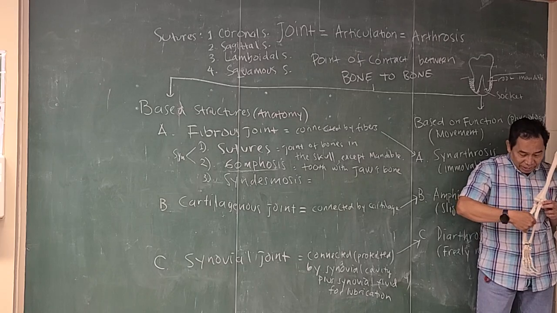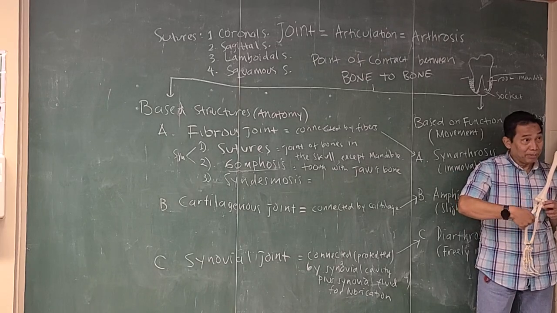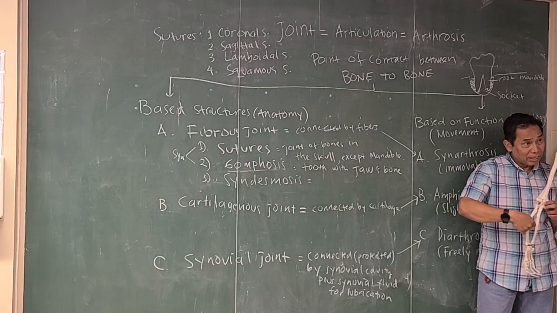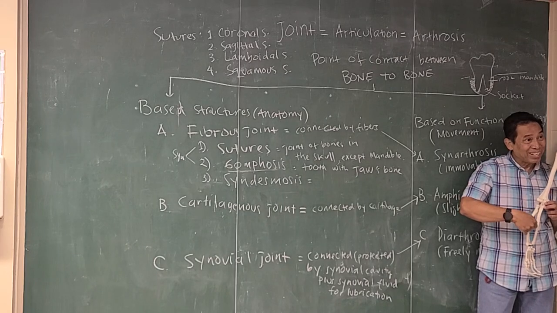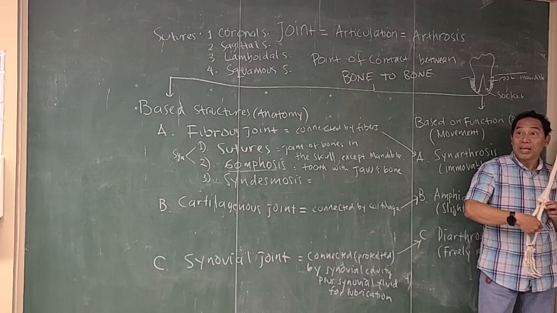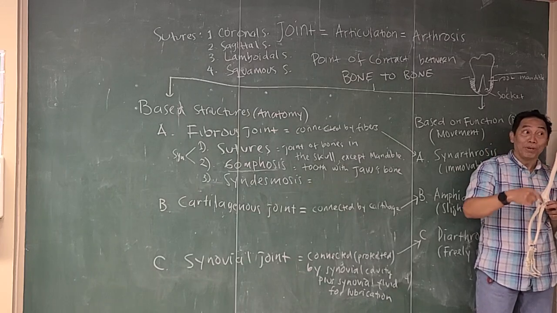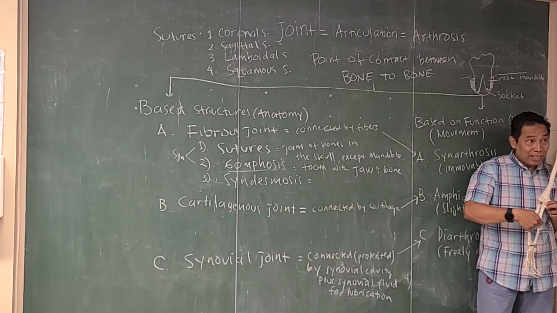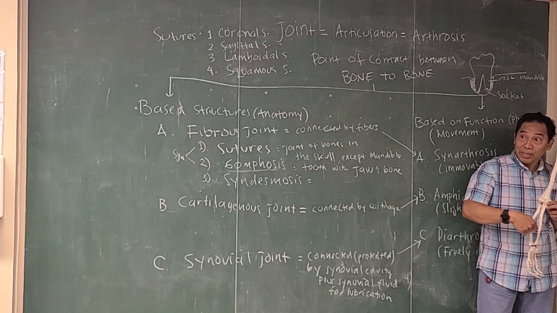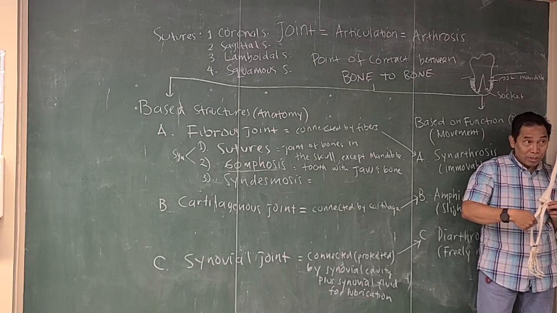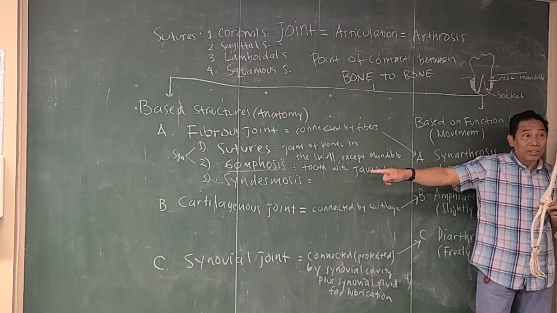There is actually a connection over here. It's gone now because they took it out. There is a ligament, a fiber that connects the radius and ulna. Make sure you put the name of the bones: radius and ulna. That joint between these two bones is called syndesmosis.